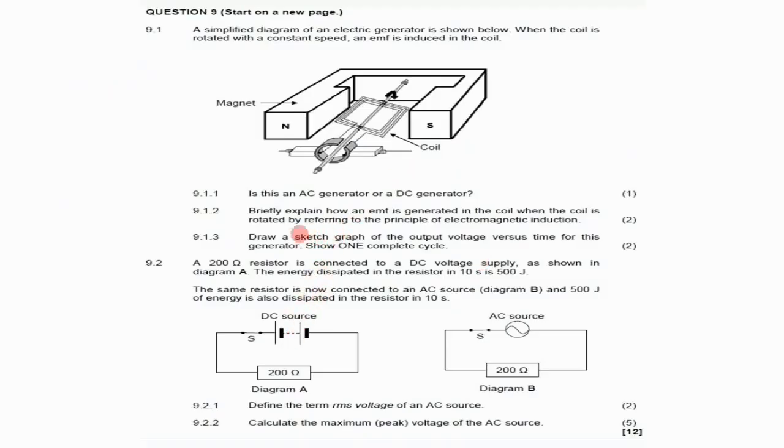Then 9.1.3 says draw a sketch graph of the output voltage versus time for this generator. Show one complete cycle. So we already know the drill with this one. What we are supposed to indicate is just a sketch, right? No values required. So with the sketch, we know that it goes like this.